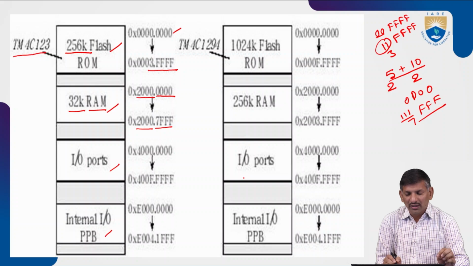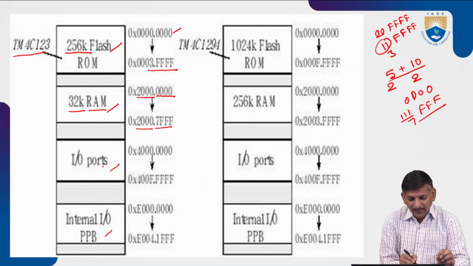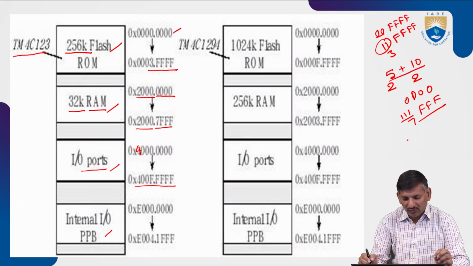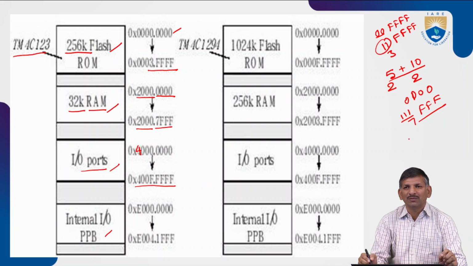Next, for the private peripheral IO ports, the starting address is 40000000 to 400FFFFF. FFFFF in the sense 5 Fs. Each hexadecimal digit takes 4 binary bits.